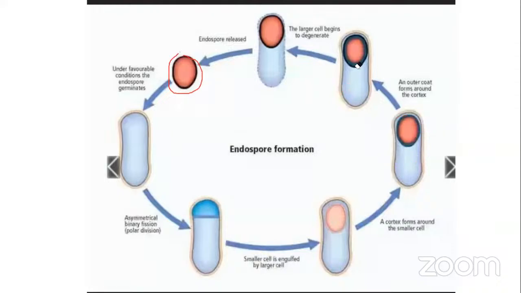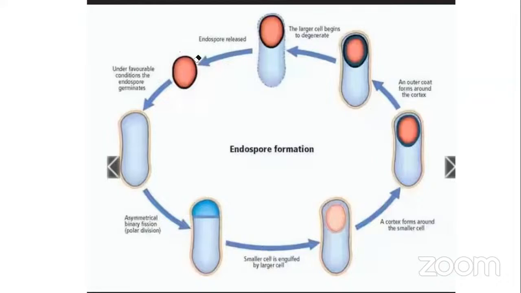Binary fission and endospore formation. Simply, endospore formation occurs inside the bacterial cell by the rounding up of the protoplast, including genetic material. In the protoplast itself, all the cell organelles and genetic materials are also included. After formation, the spore from the protoplast is covered by new thick layers.